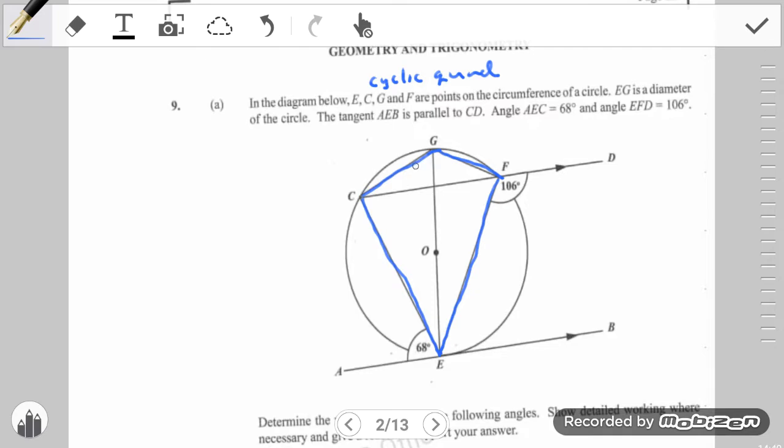They sum to 180. So this angle plus this angle down here will sum to 180. And I know that this angle over here and this one over here will sum to 180. So we have some clues already.